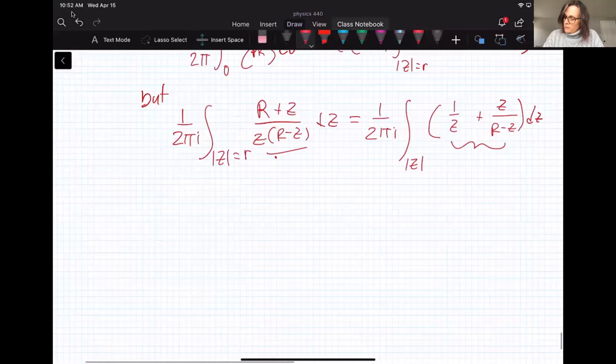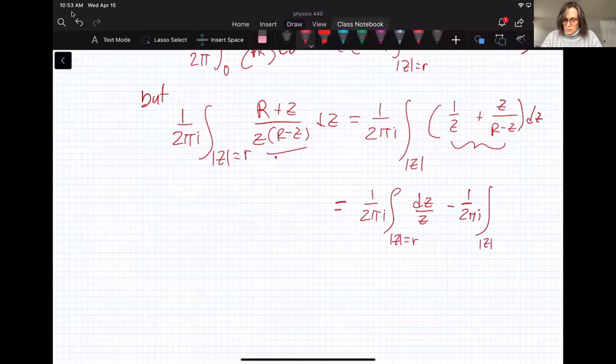All right. That means that we have 2 integrals to consider. We have 1 over 2 pi i, with the absolute value of z equal to R, of dz over z. Happy day, we know what that is. Minus 1 over 2 pi i, with z equal to R, of dz over z minus R. Okay.